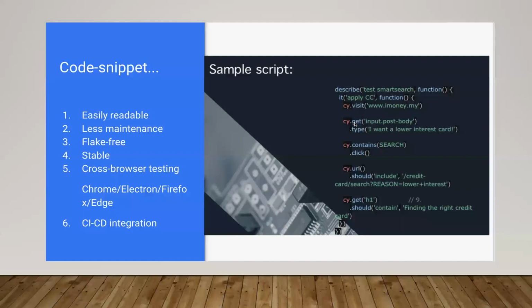Get means find the element. And here you can see we have to give the CSS locators. So by default, we use CSS locators here for Cypress. One example, like how we identify any button or text box.